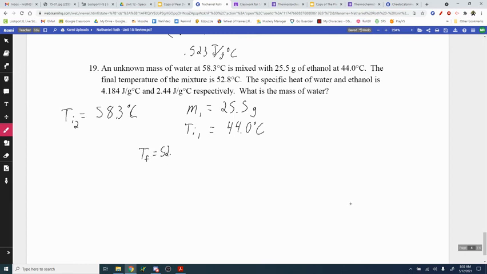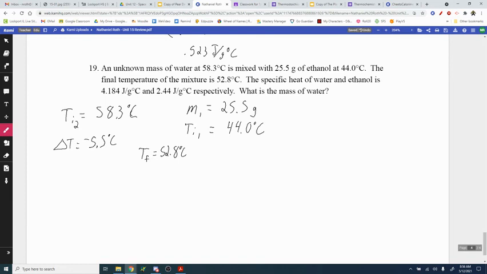So 52.8 degrees Celsius. All right, now to get the delta T, or change in temperature for each, you take 52.8 minus their initial temperatures. So for the water, that's going to turn out to be delta T equals negative 5.5 degrees Celsius, because it's final minus initial.